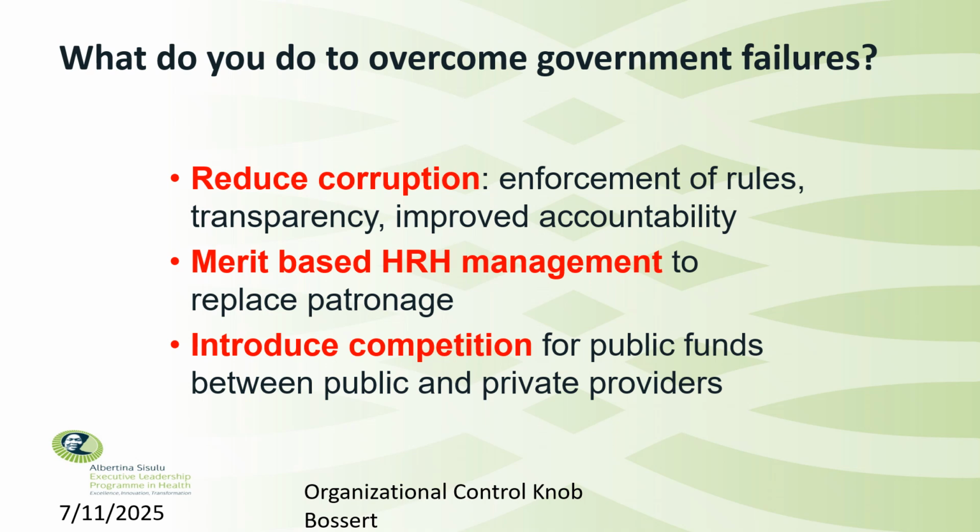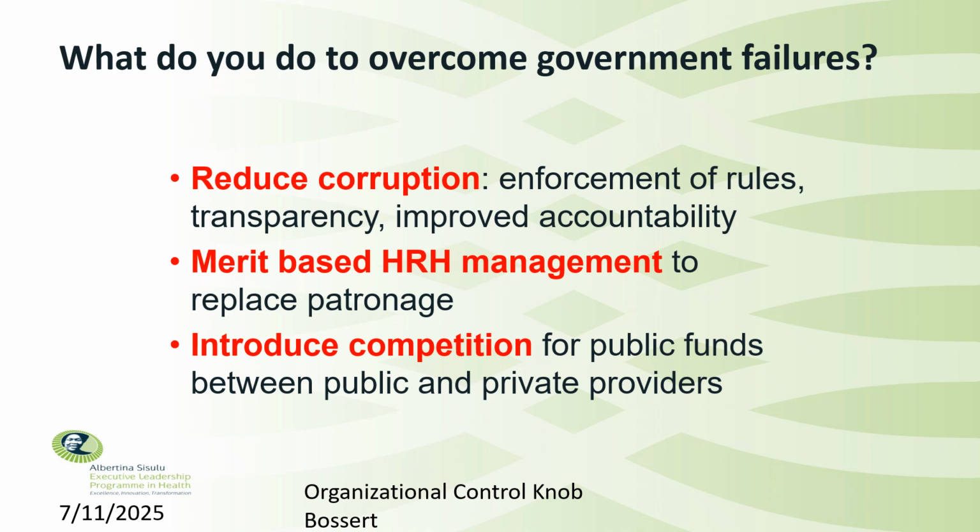So how can you overcome these two big government failures, the political inefficiencies as well as the bureaucracy inefficiencies? Firstly, you want to think about how can we reduce corruption. One way could be to make things more transparent. You want to have more clear rules in terms of what needs to happen. You want to have better accountability and governance, right?